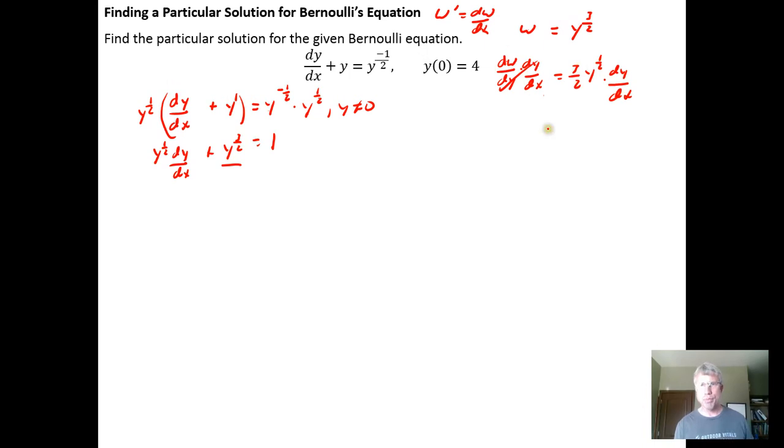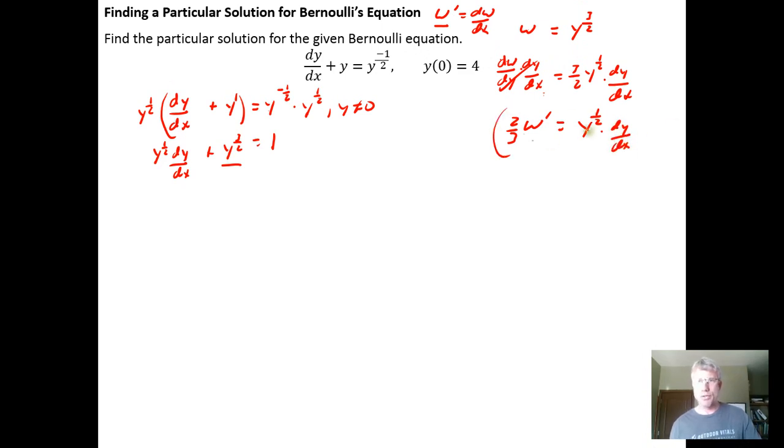So this is going to simplify to dw/dx, which I'm just going to write as w prime. I'm going to multiply both sides by the reciprocal of 3/2, so multiply both sides by 2/3, so that on the right hand side we're left with y to the 1/2 times dy/dx.